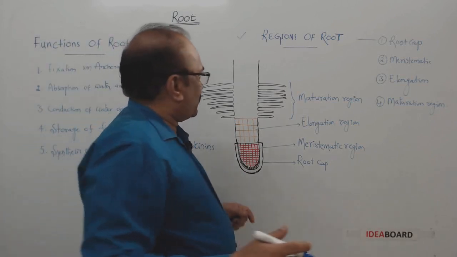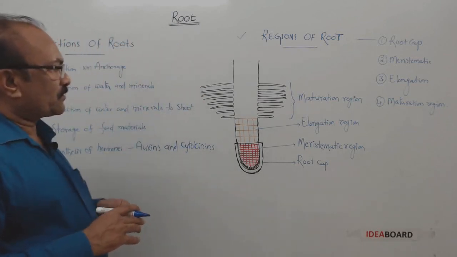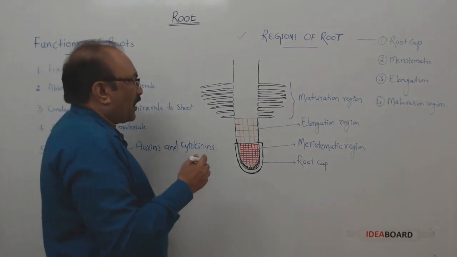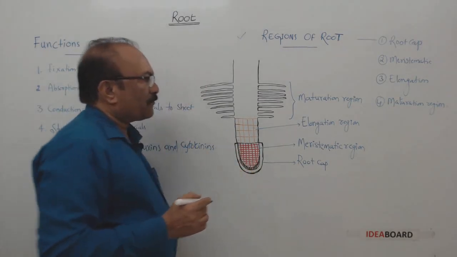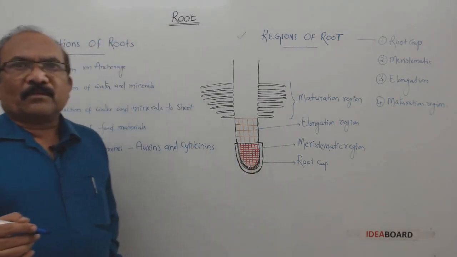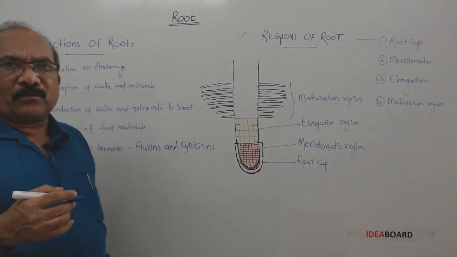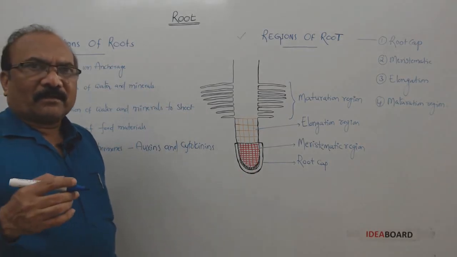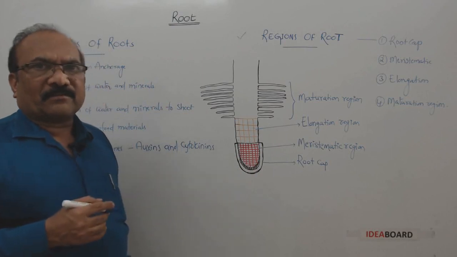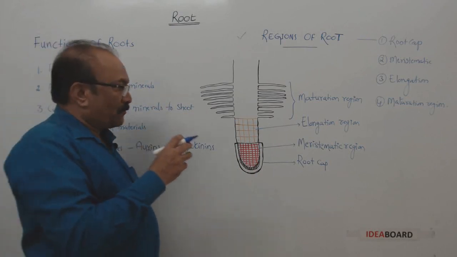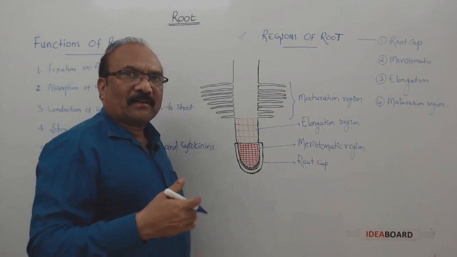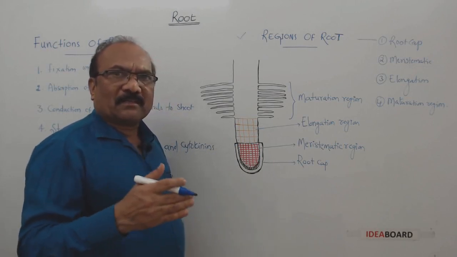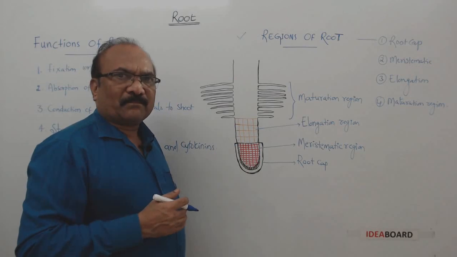Now let us get into the details of these four regions. At the tip you will find a tissue which helps the root to grow by cell division. Some cells are specialized here for cell division, and we call these cells meristematic cells.